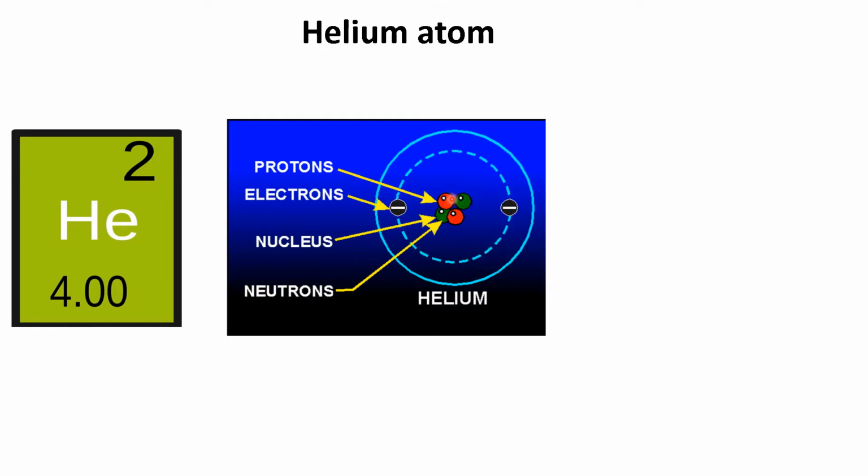This is the nucleus and it contains the protons and neutrons, and electrons move around the nucleus. This is a helium atom, the first element of group 8.